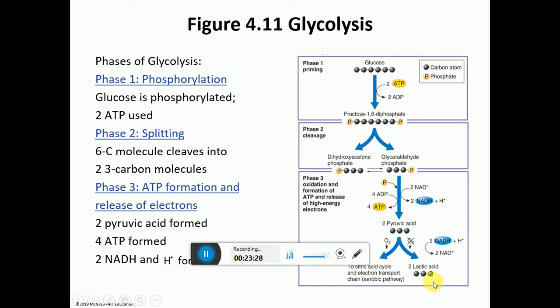And lactic acid is what is responsible for muscle achiness. If you exercise too hard and you wake up the next morning with muscle soreness, it's the lactic acid that's causing that soreness.